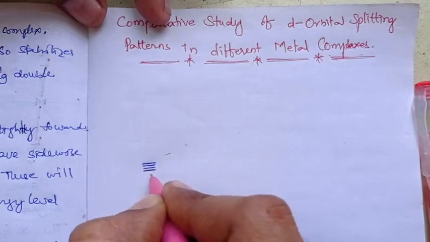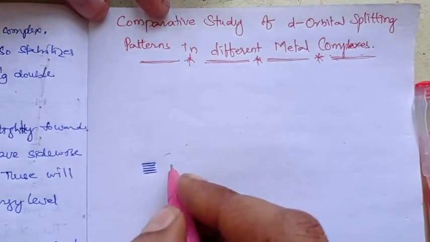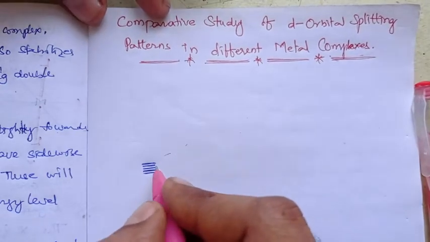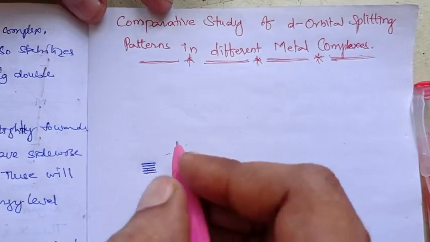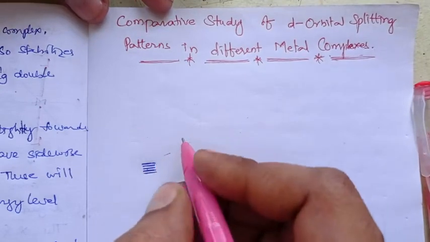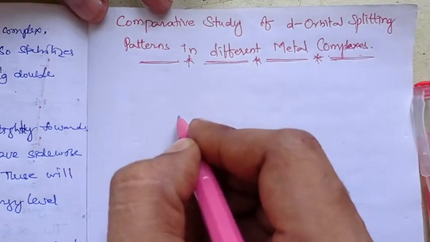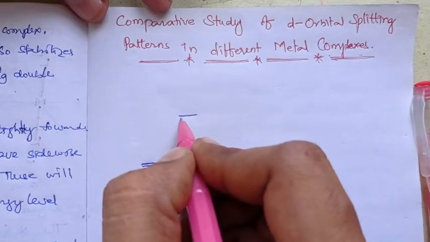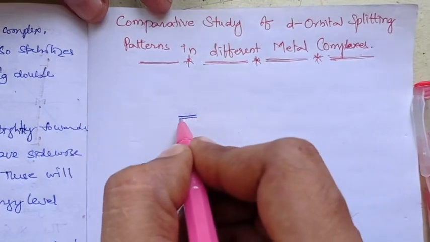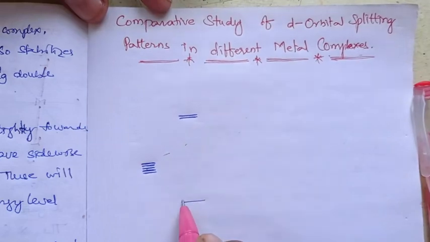Here we are explaining all the splitting patterns of d orbitals. There are five degenerate d orbitals. When they undergo octahedral splitting, we know they give two energy states, Eg and T2g.